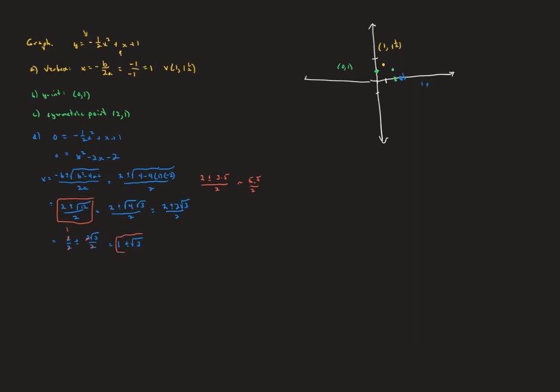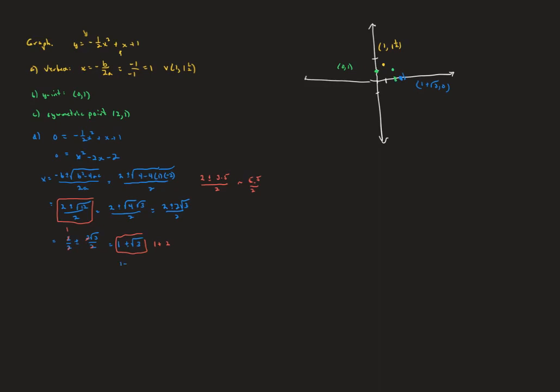This is much better. So here, the square root of 3 is a little bit less than the square root of 4. So 1 plus something a little bit less than 2 is going to be a little less than 3. So we're in the right place, but I was making it harder than it had to be. So there are the coordinates of that x-intercept.